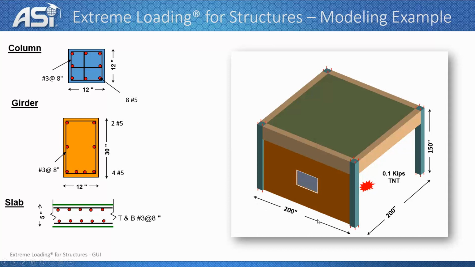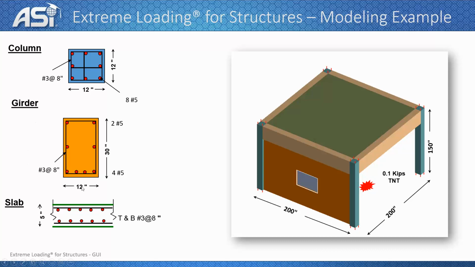The distance between the columns is 200 inches in both directions, and the height of the column is 150 inches. This is the cross section of the column, 12 inch by 12 inch, with reinforcement rebars 8 number 5, and 3 branches of stirrups in each direction, number 3 at 8 inches.